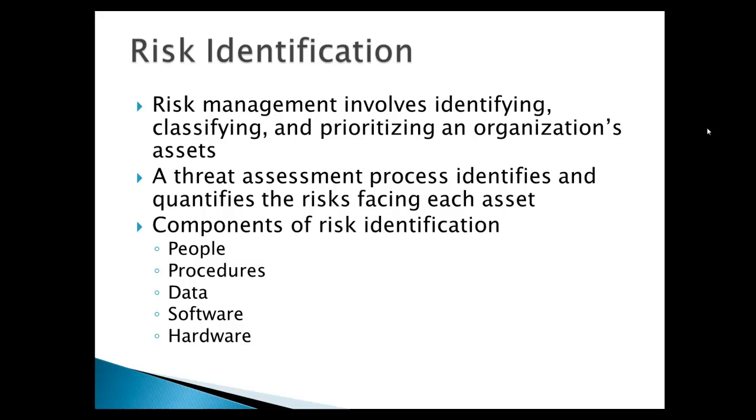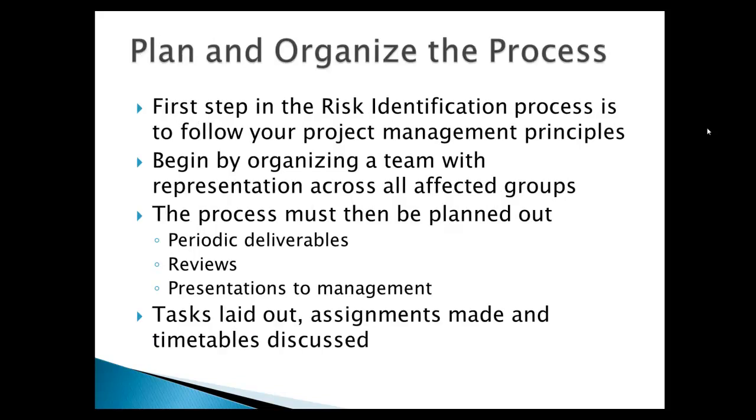Some components of risk identification include people, procedures, data, software, and hardware. So we want to make sure that we are doing a good comprehensive review and not focusing just and only on the technology. Again, the first steps of the risk identification process are to follow your basic project management principles by organizing a team with representation across all of the communities of interest within the particular organization.